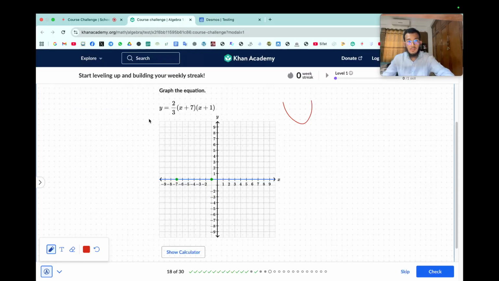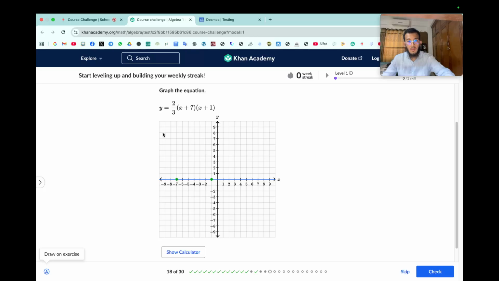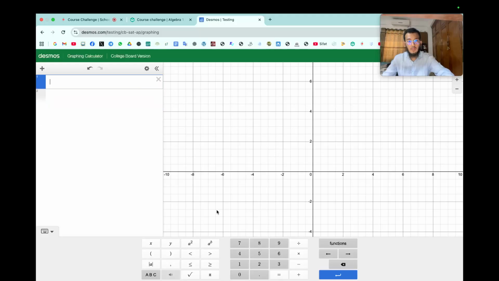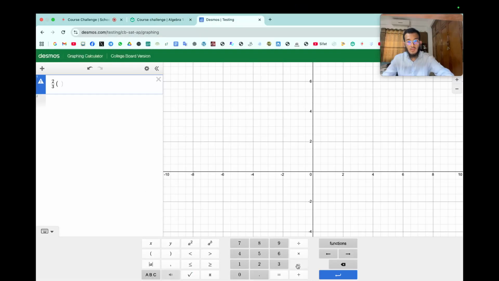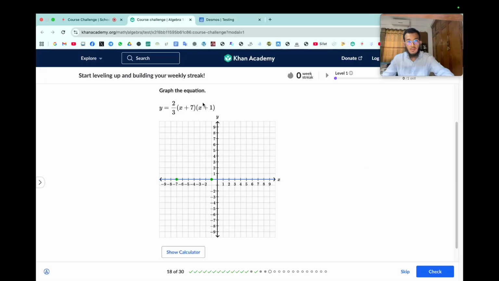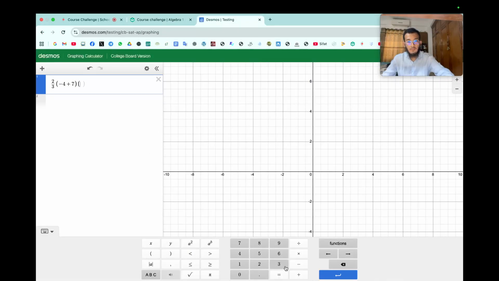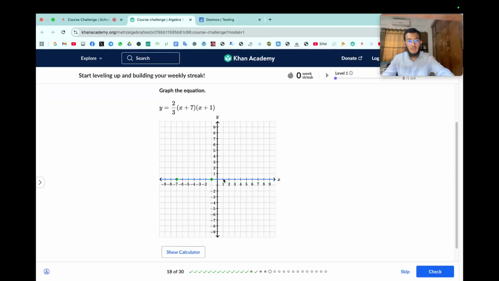But what is the value of y for -4? The value of y for -4 is 2/3 times x plus 7, so -4 plus 7, then we have -4 plus 1, so it's -6.